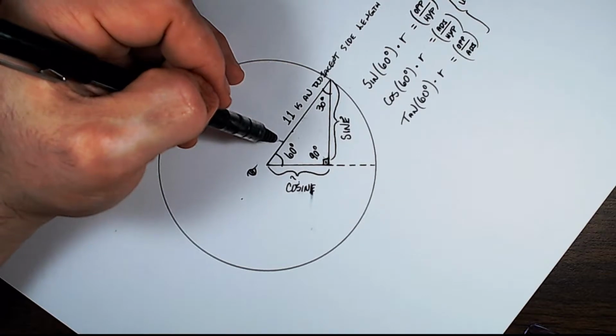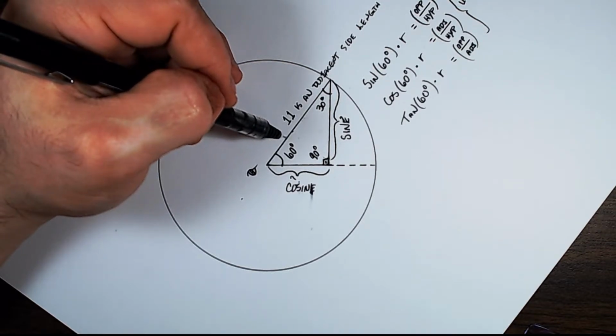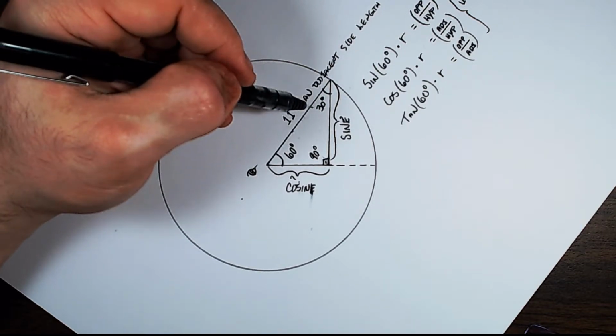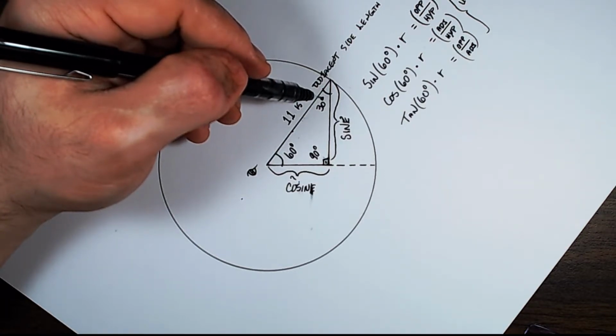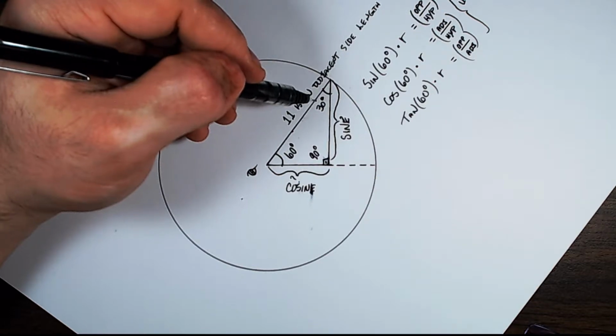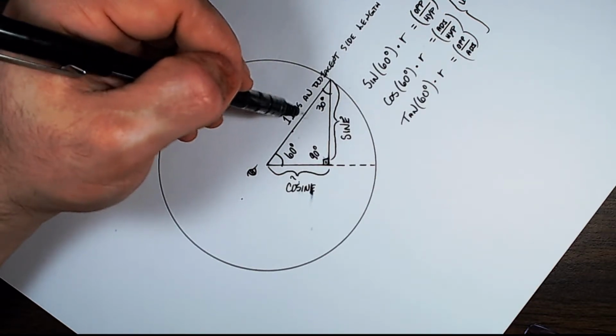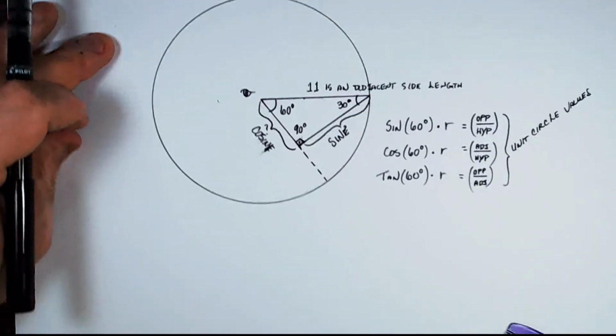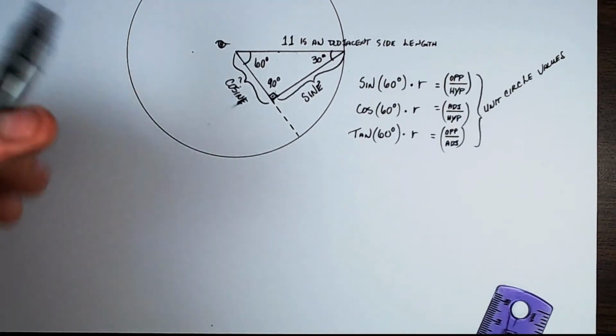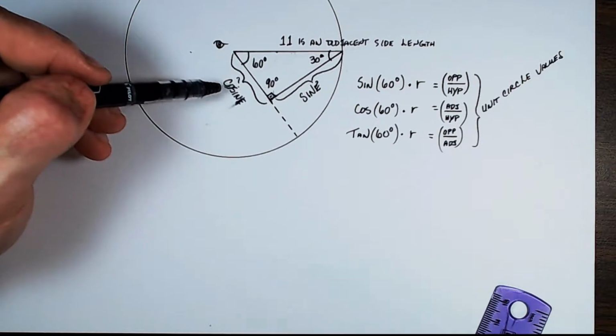Let me think about that. The sine of 60 times r equals the opposite over the hypotenuse. And cosine of 60 times r, which we know r is equal to, is adjacent over the hypotenuse. So it actually wants to know this side length.